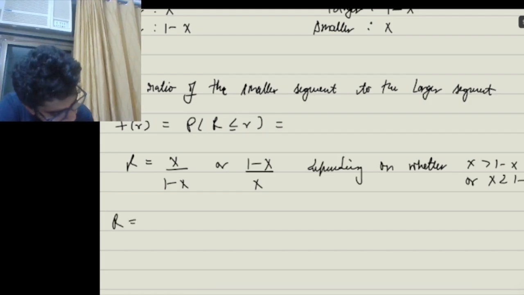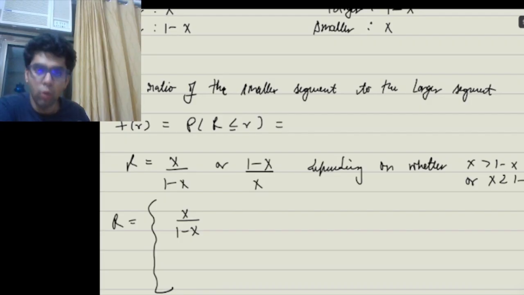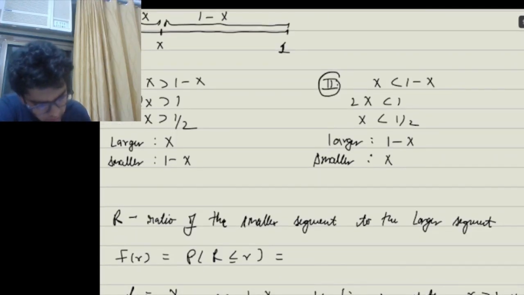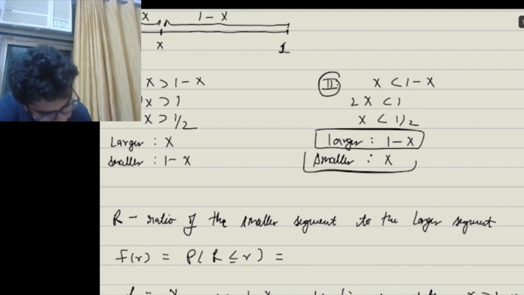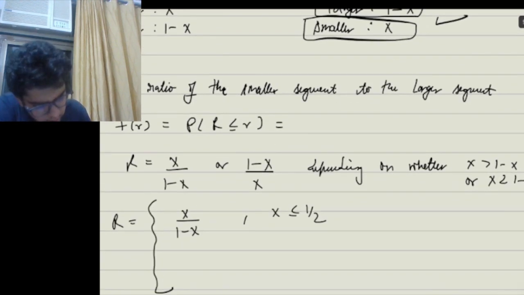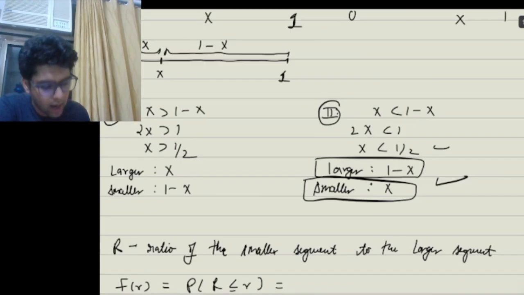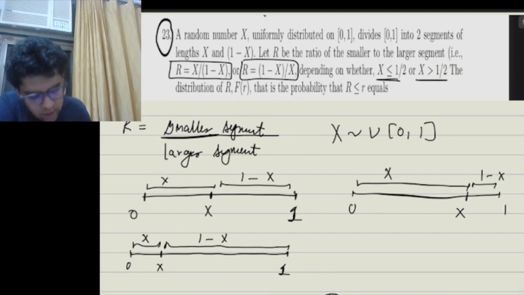So R is basically x upon 1 minus x, that is x is the smaller segment when x is less than or equal to half. I'm including half here. So the larger segment is 1 minus x, the smaller segment is x. I need to include half in either of the two intervals, and they have already told me that x is included in this interval.